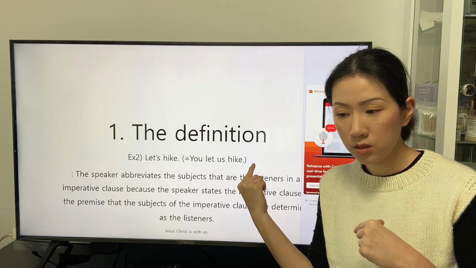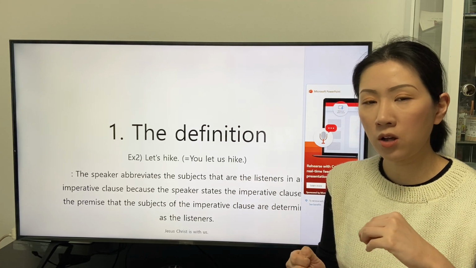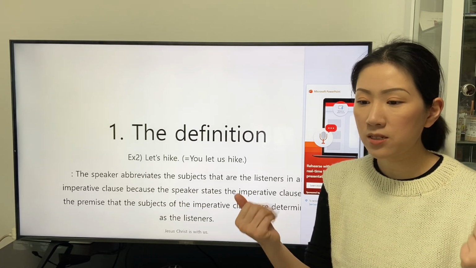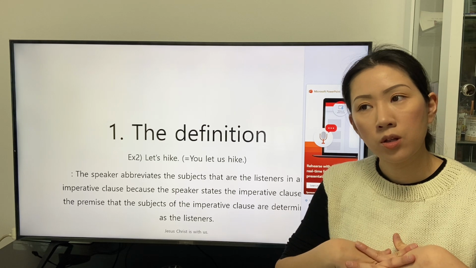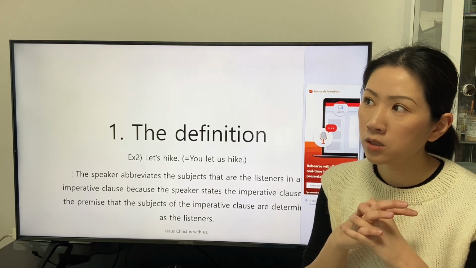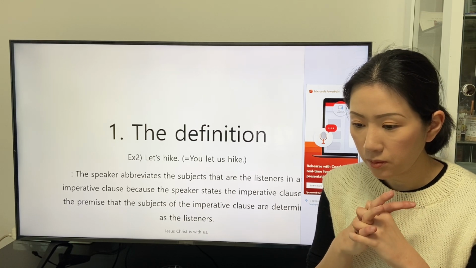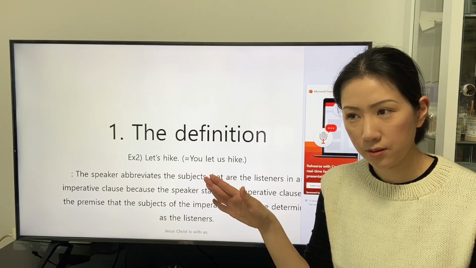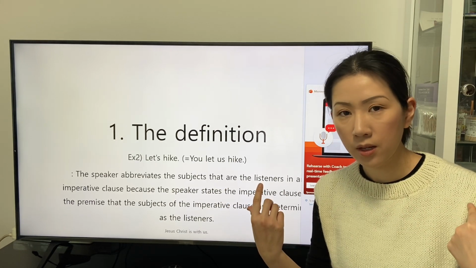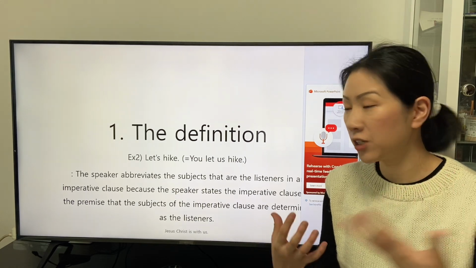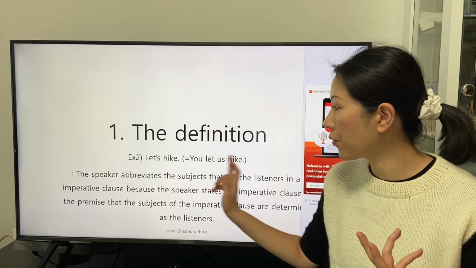This clause delivers the intent of a suggestion based on the state that the speaker is ready for actualizing the definition of the transitive verb hike.